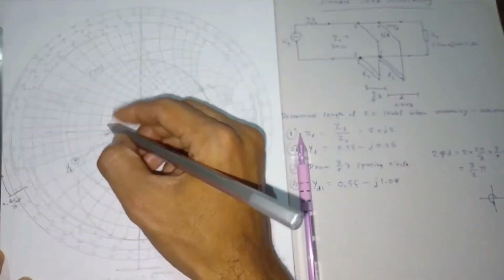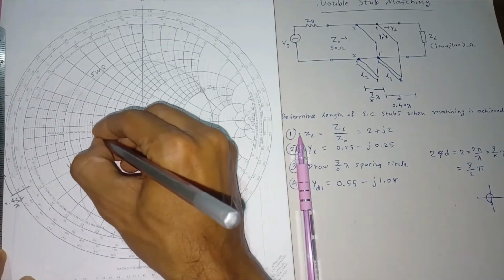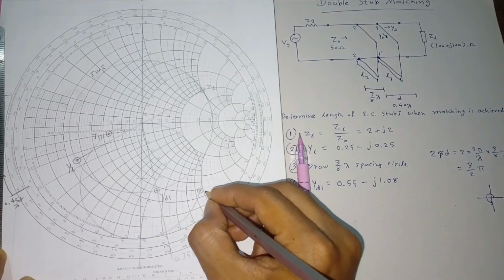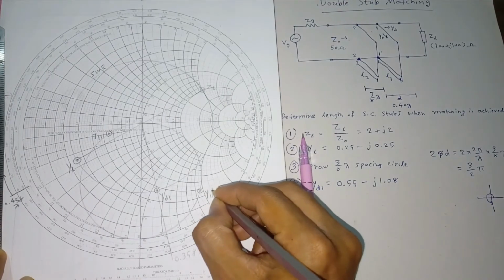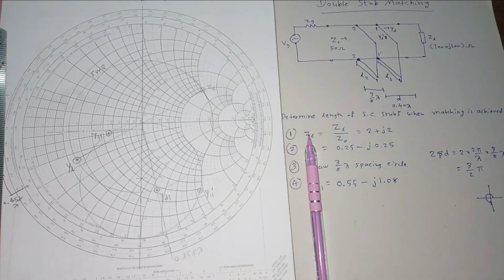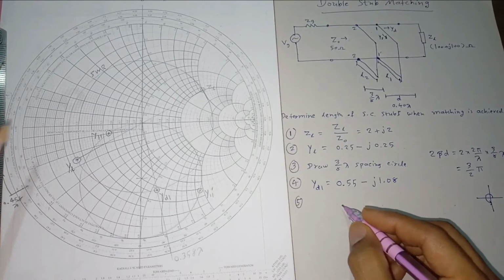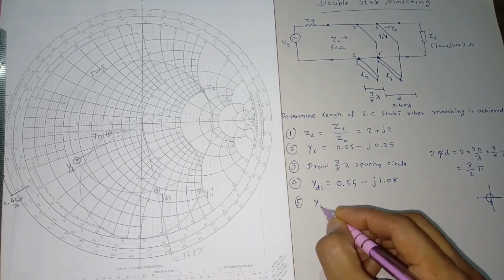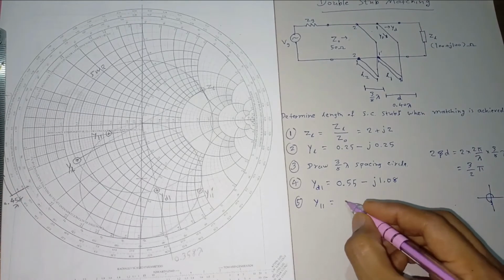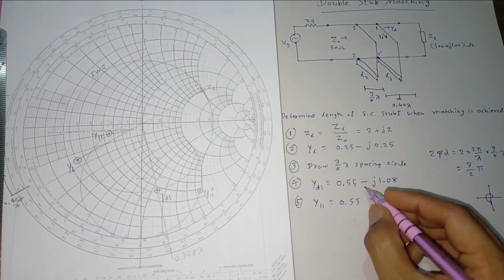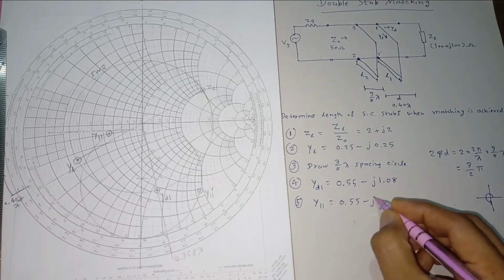Either we will get this point, which will be denoted as Y11, or in the second solution we will have Y11 dash. So note down the values of Y11 and Y11 dash. Y11 is given by the real part, which is the same, 0.55, and it is also located on the lower half, so minus j.